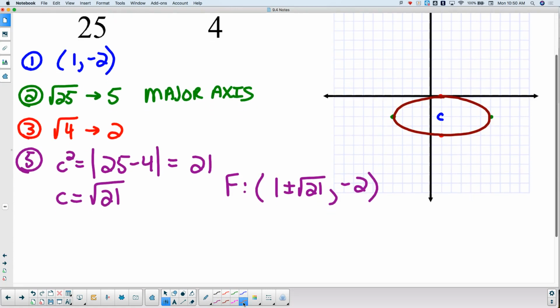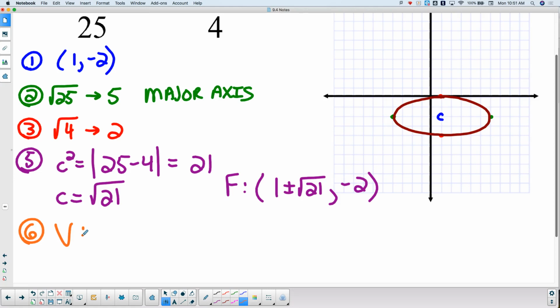Step 6. Vertices. Vertices are what again? In words? Endpoint of the major axes.